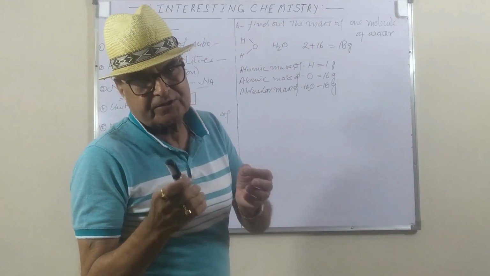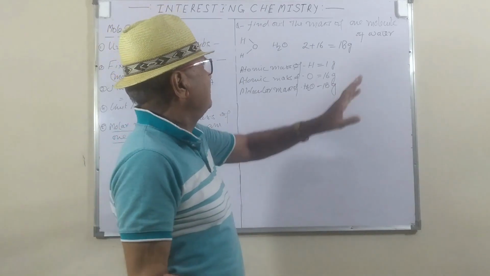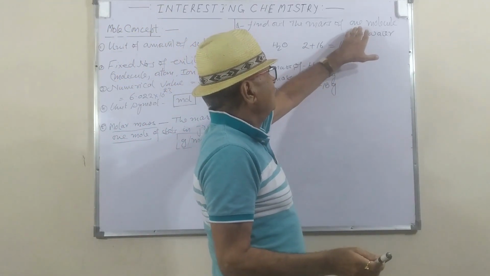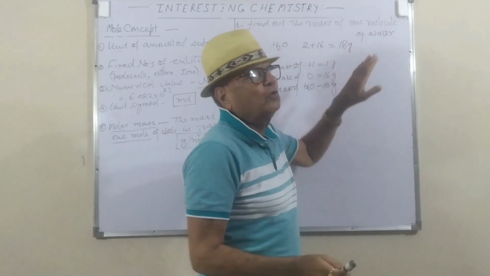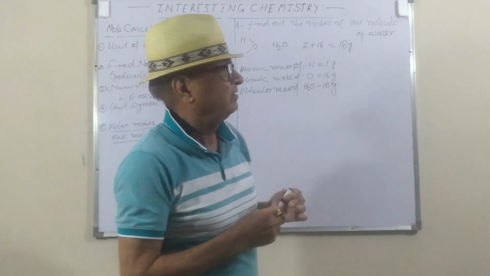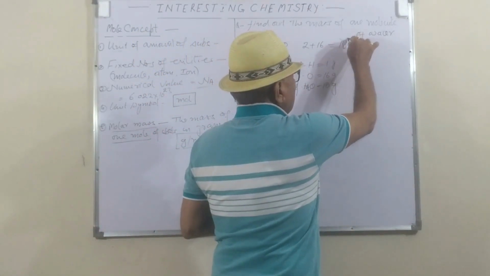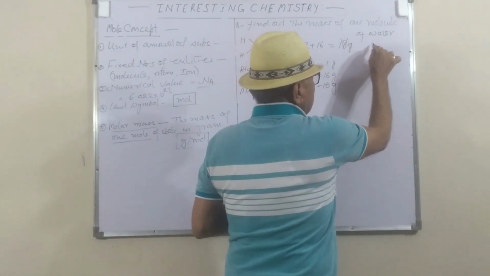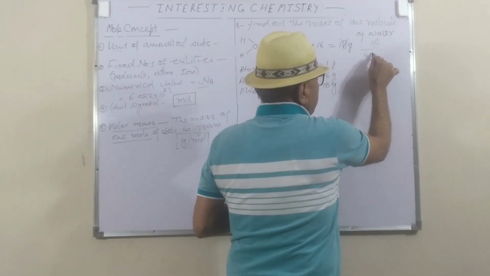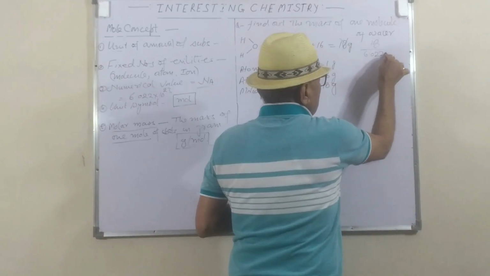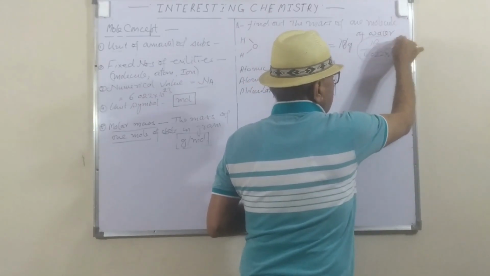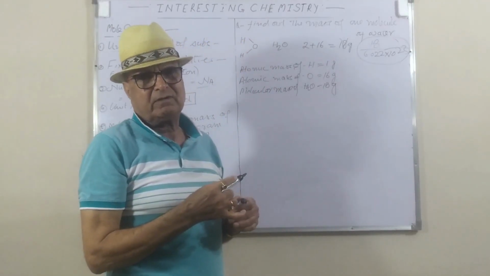If students write that this 18 is in gram, the mass of one molecule of water, that is wrong. The correct answer will be 18 divided by 6.022 into 10 raised to the power 23.